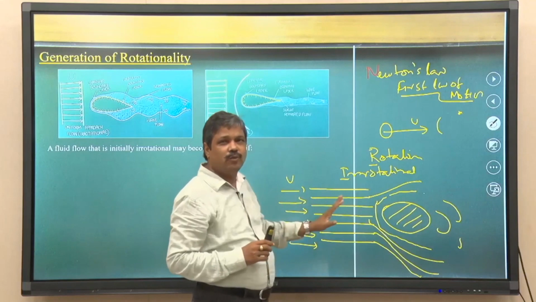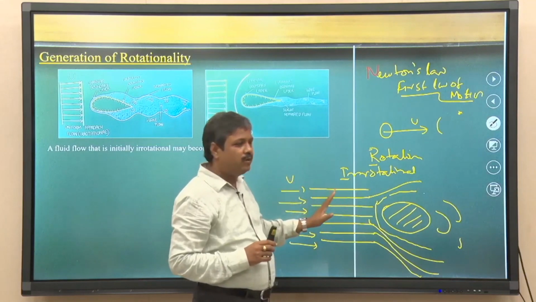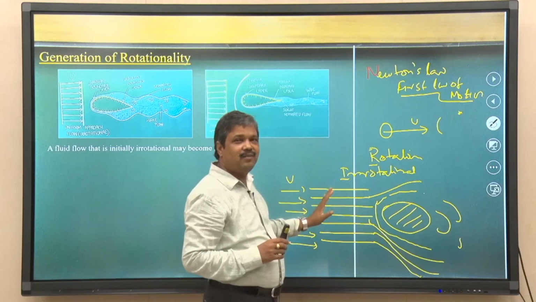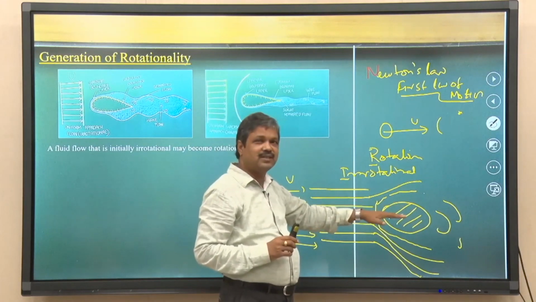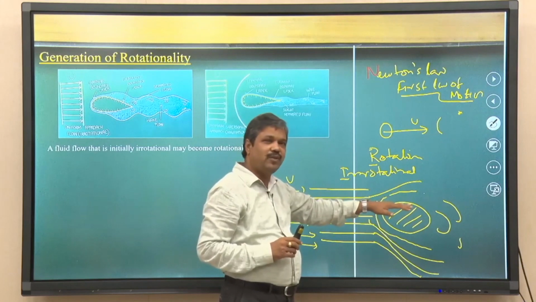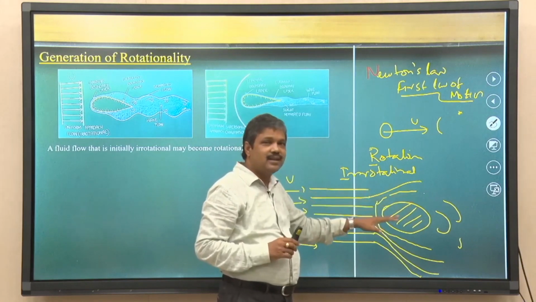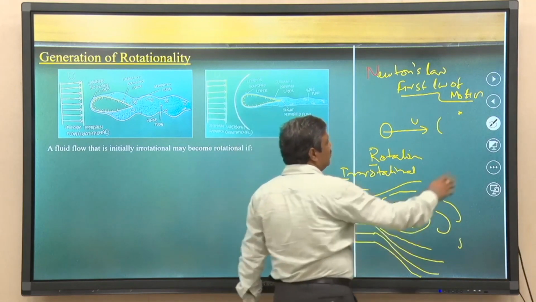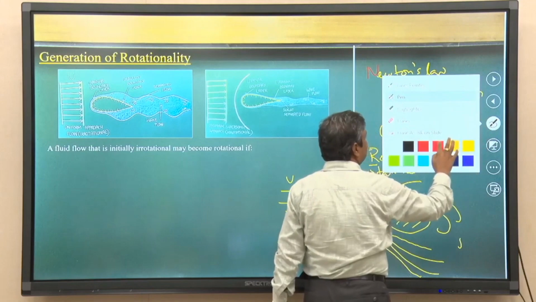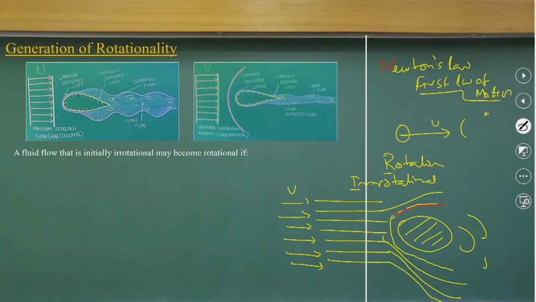If you have a uniform wind flow, you will have an irrotational field, unless you put an object and create viscous stress components as you reduce the velocity. Those regions will become viscous regions, and that is where rotationality starts. That is what you should try to understand.